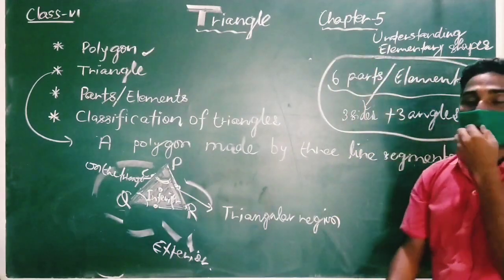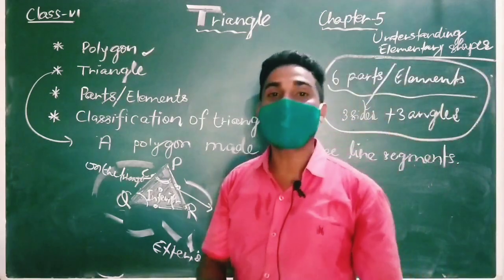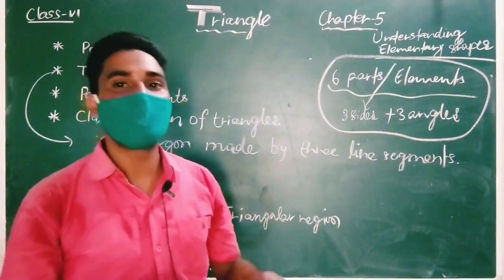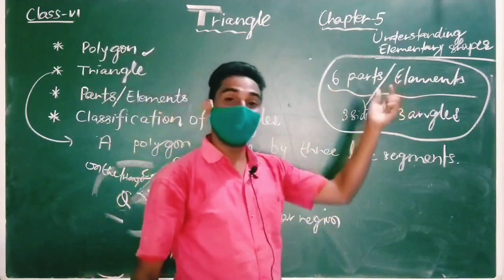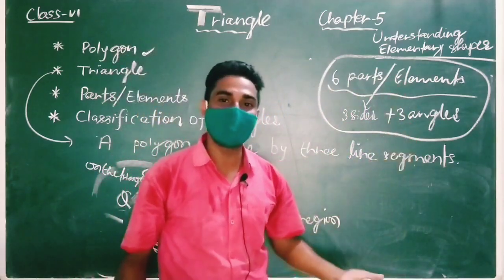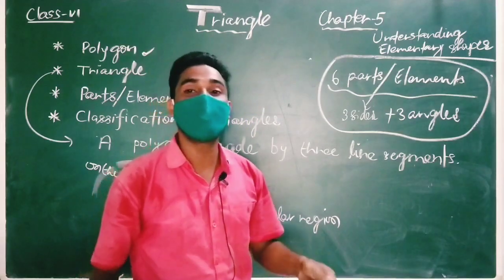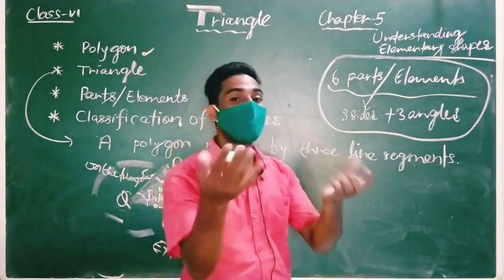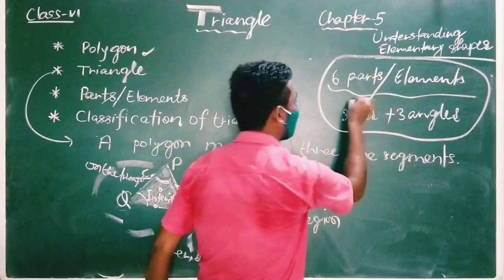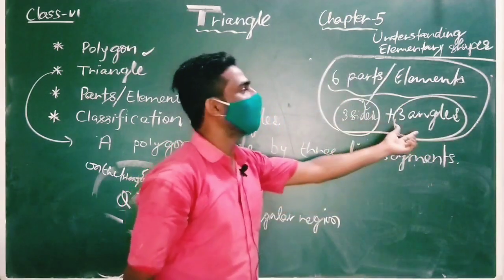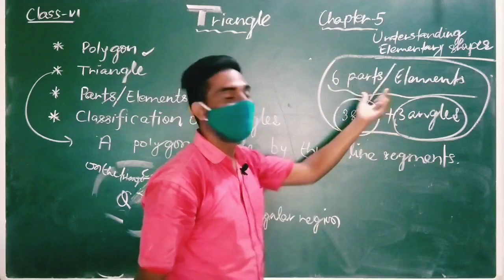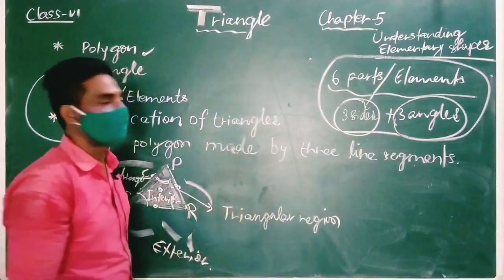If anybody asks you how many parts are used to make the triangle, you have to say 6 parts. Or if anybody asks about elements, then also it is 6 only. So 3 sides and 3 angles make 6. This is called the parts of a triangle.